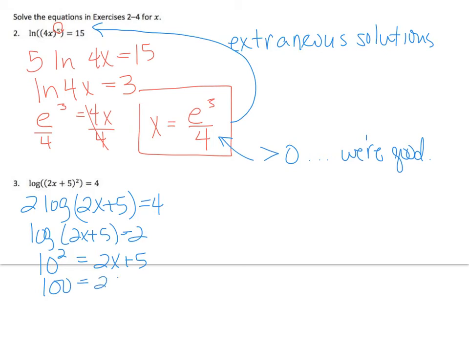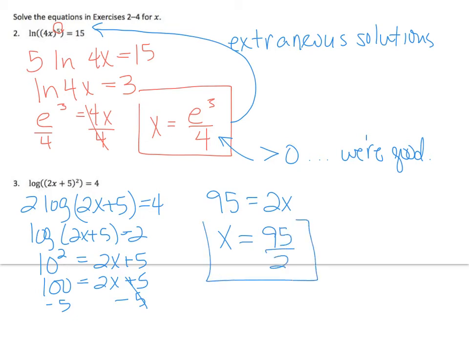Go ahead and expand that. I'm going to subtract 5 from both sides. I've got 95 equals 2x. X equals 95 over 2, which you can calculate or circle it.